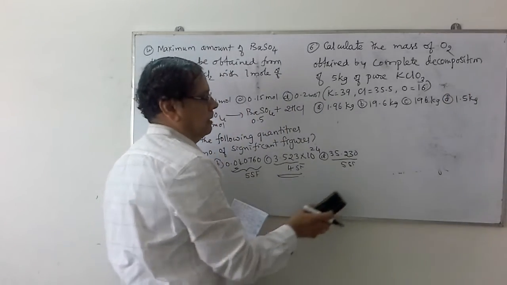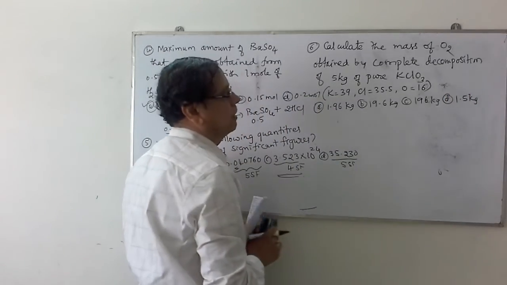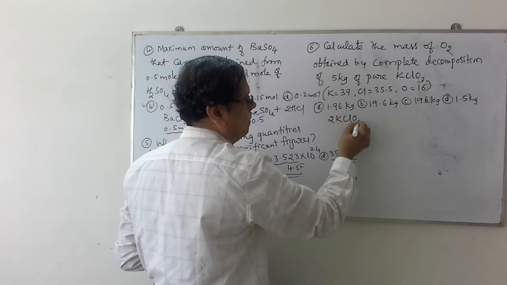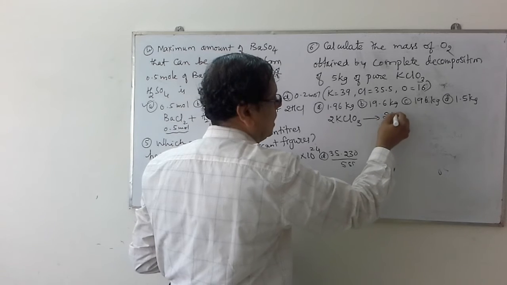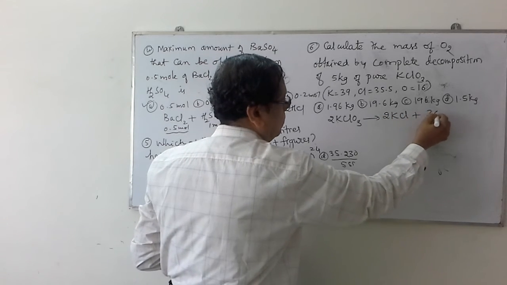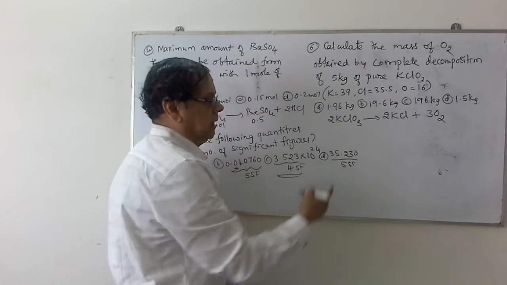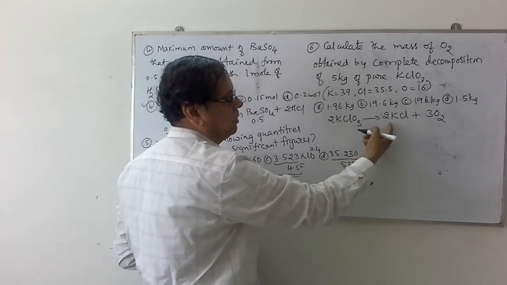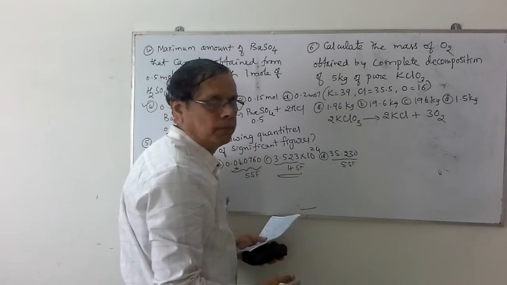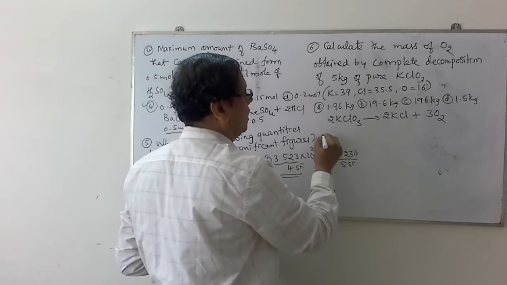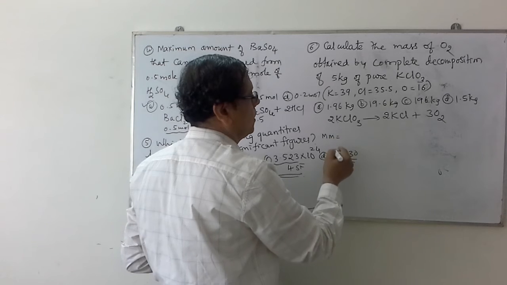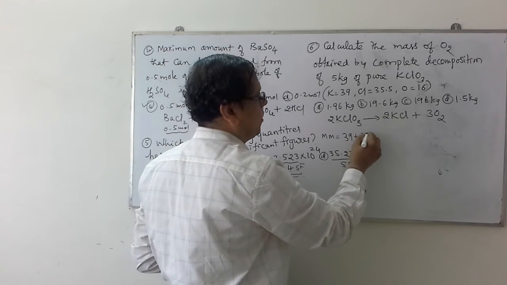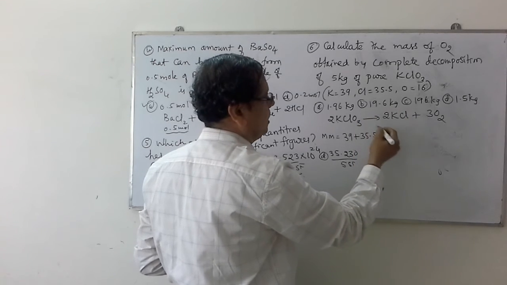First we have to write the balanced chemical equation for the decomposition of KClO3. 2 KClO3 gives rise to 2 KCl plus 3 O2. KClO3 will give rise to KCl and oxygen. Therefore, 2 KClO3 will give rise to 2 KCl plus 3 O2. Then if you write the molecular mass of potassium chlorate, molecular mass is equal to 39 plus 35.5 plus 16 into 3.